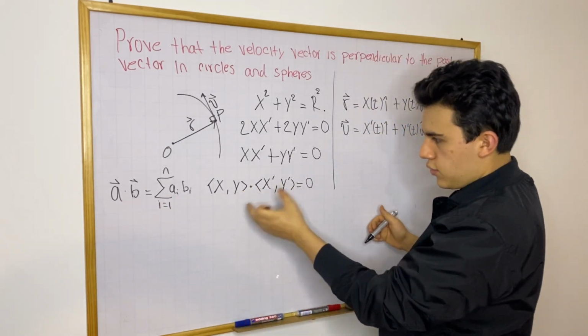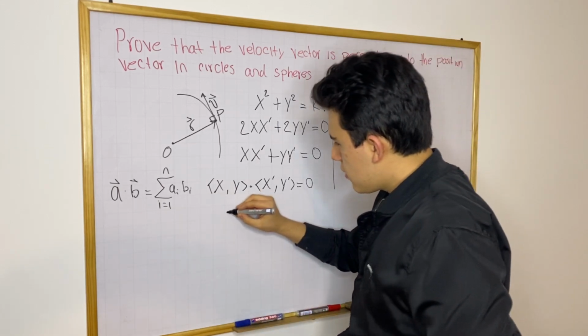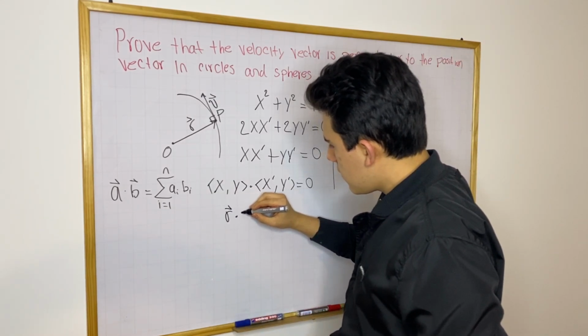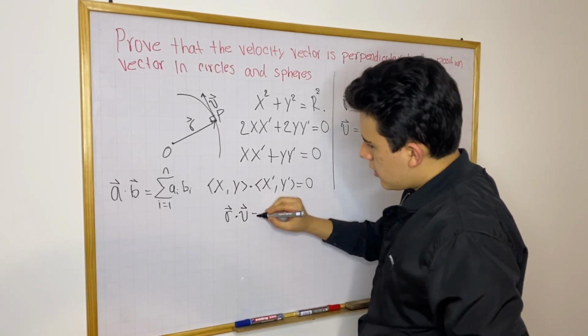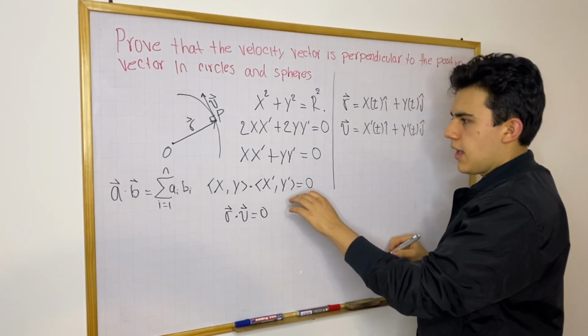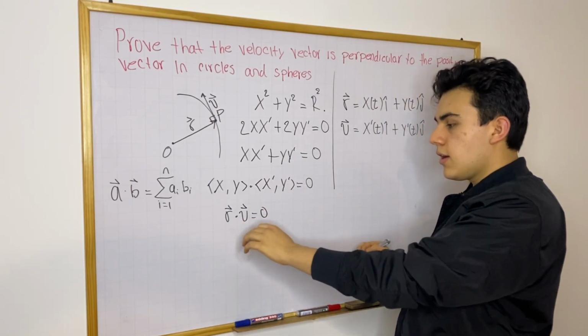Over here, if you take the dot product of these two vectors, your position vector r and v, which is x prime, y prime, this equals 0. And this is exactly what the equation up here is telling us. So r dot v equals 0.